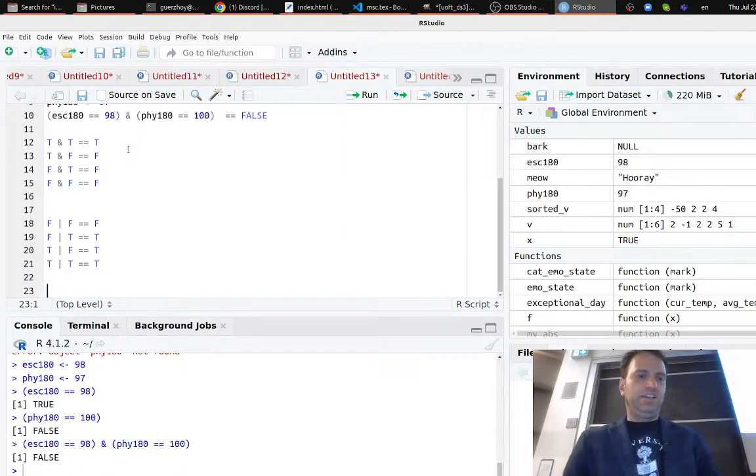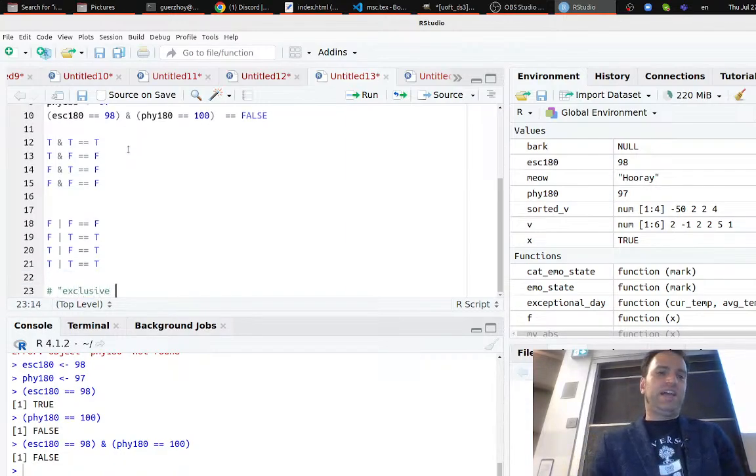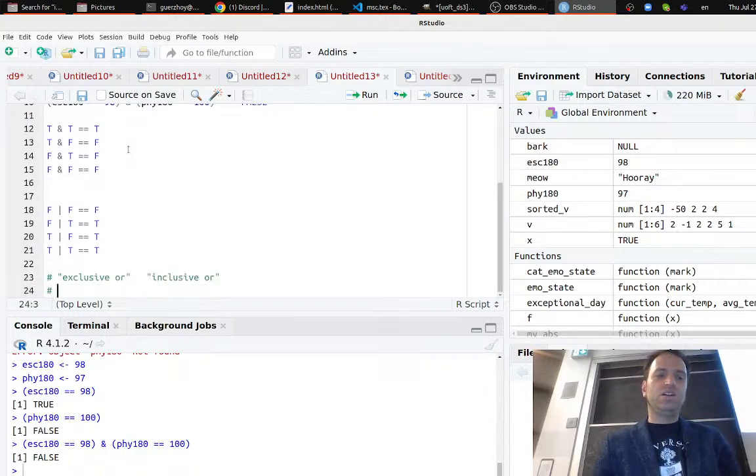In philosophy of language, and in computer science, people use the terms exclusive OR and inclusive OR. Exclusive OR is the usual one, so that's the English OR.